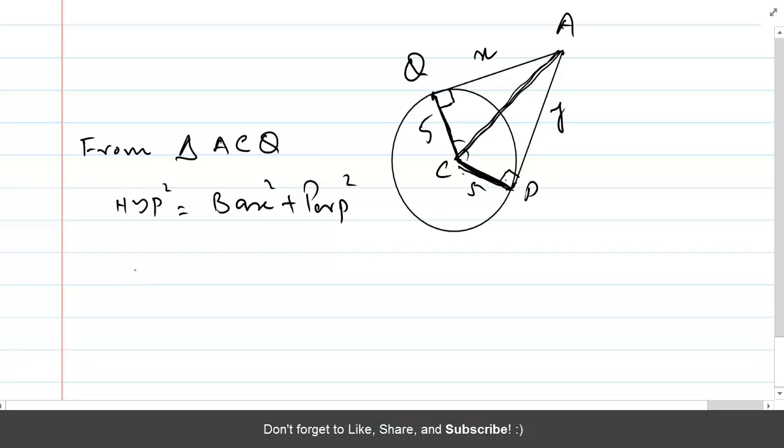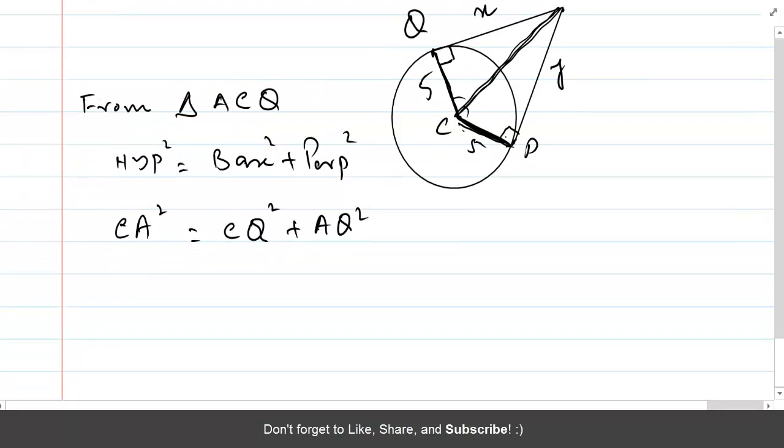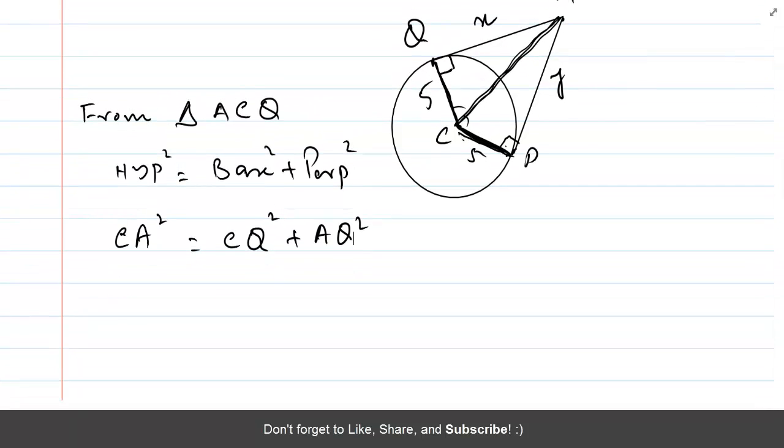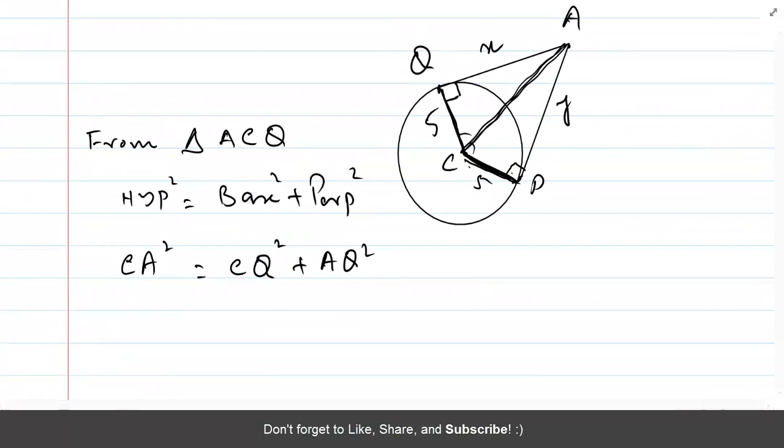The hypotenuse is opposite to 90 degrees, remember that. That is CA. So CA square is equal to CQ square plus AQ square. What is CA?